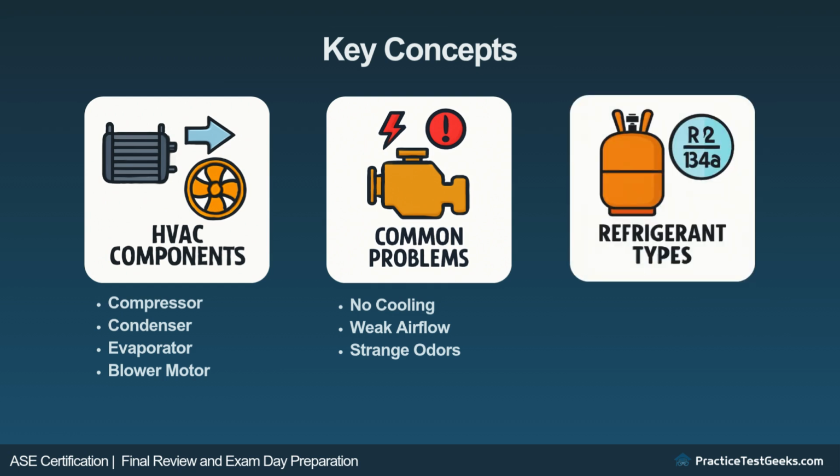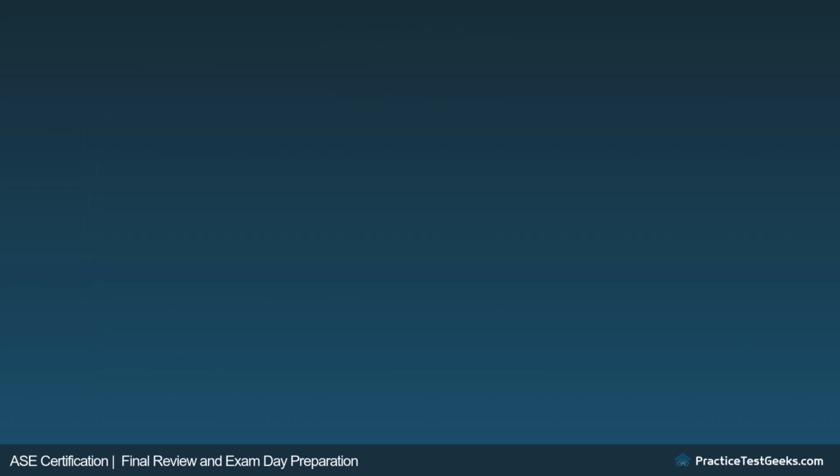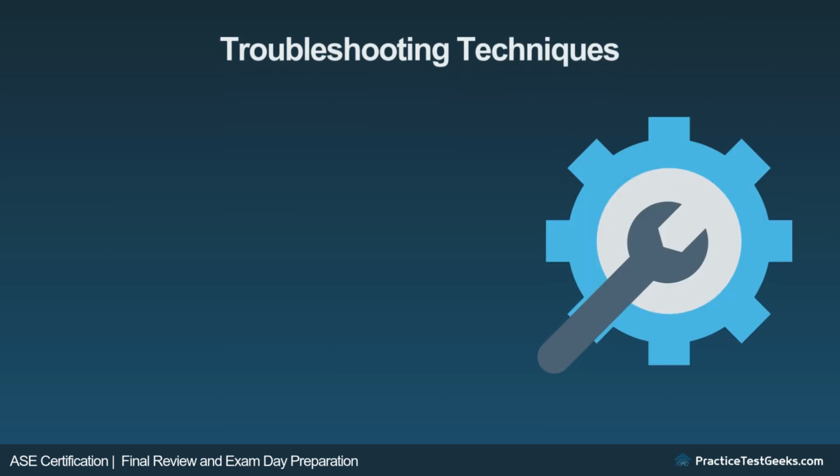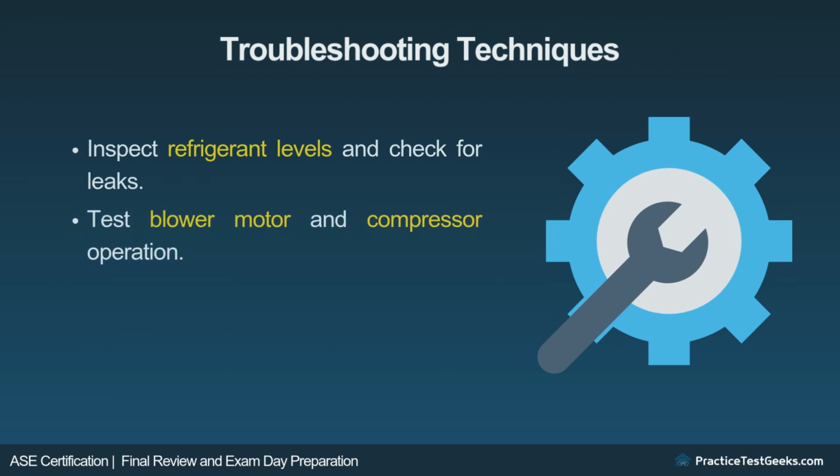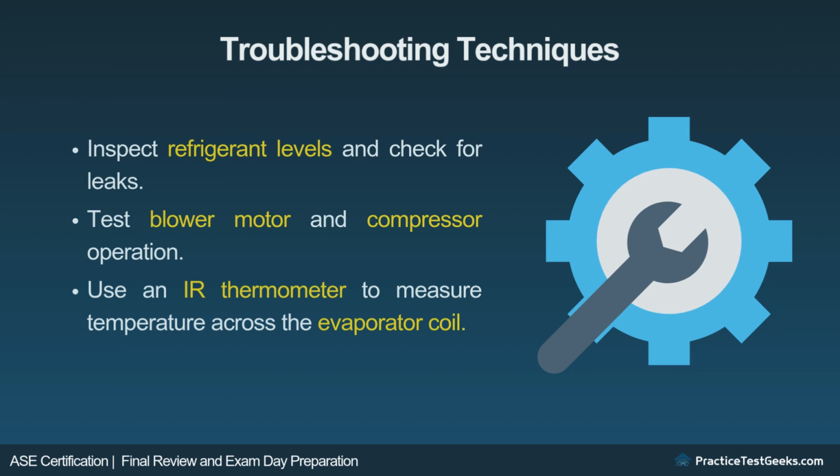Refrigerant types: understand the difference between R134A and R1234 refrigerants. Troubleshooting techniques: inspect refrigerant levels and check for leaks. Test blower motor and compressor operation. Use an IR thermometer to measure temperature across the evaporator coil.